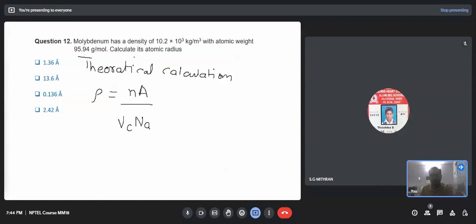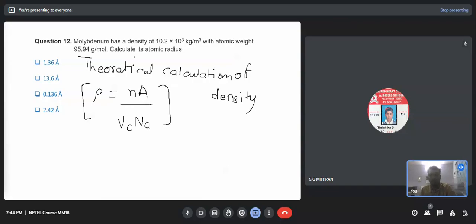So this is the theoretical calculation of density.